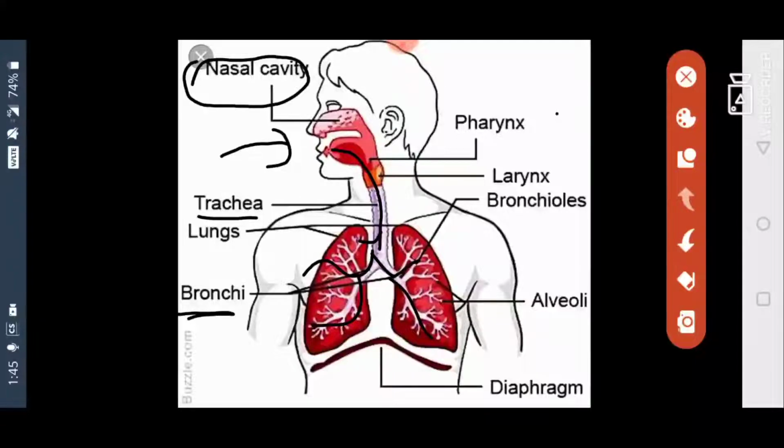In this process, the diaphragm moves downwards and the ribs move upwards. Finally, the air enters into small balloon-like structures called alveoli. It is here that the exchange of gases takes place with the blood. The carbon dioxide rich air enters into them and we breathe it out.